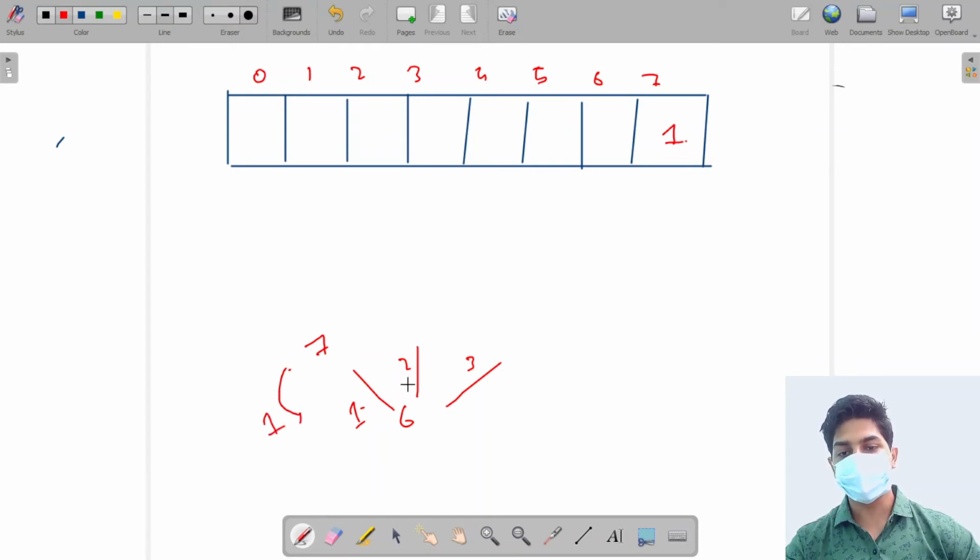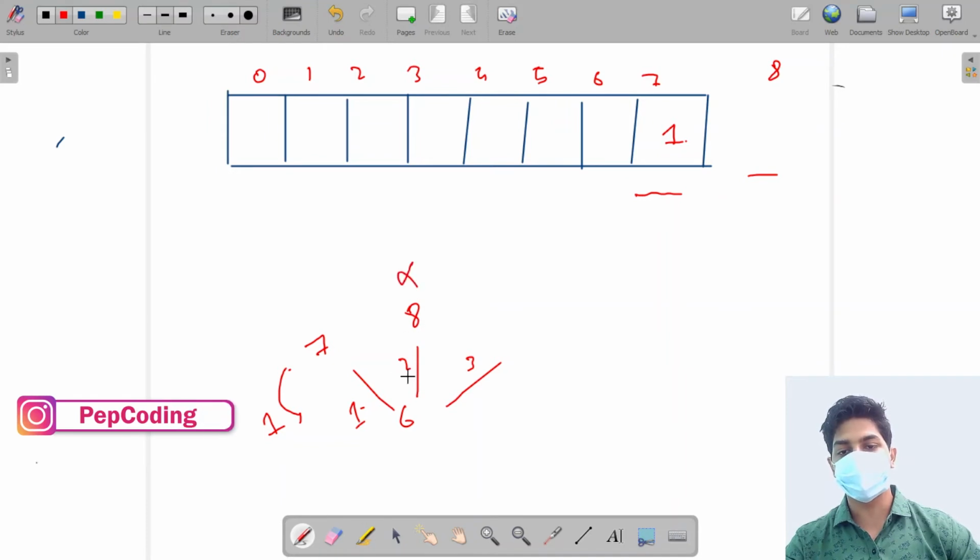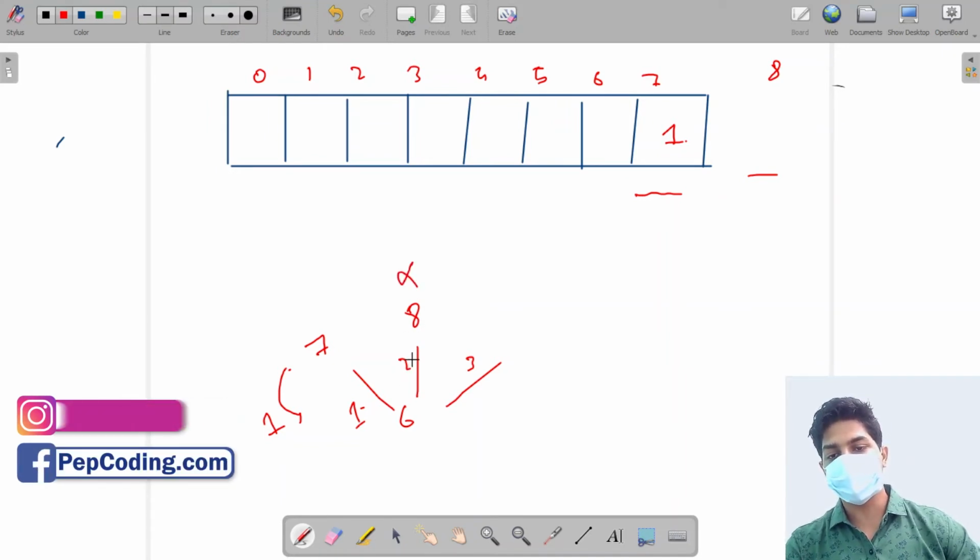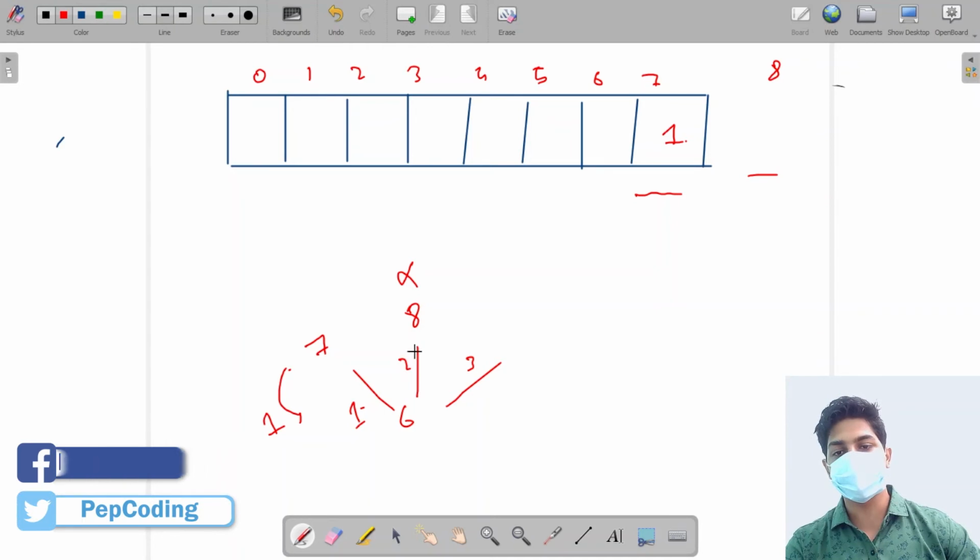If I take a jump of 2 unit, I will reach the 8th position, which is somewhere over here. I don't want to go to that location, I want to go to the 7th. I am exceeding the destination point. I will take a jump of a particular unit, 1, 2 or 3, only if I am not exceeding the destination point.